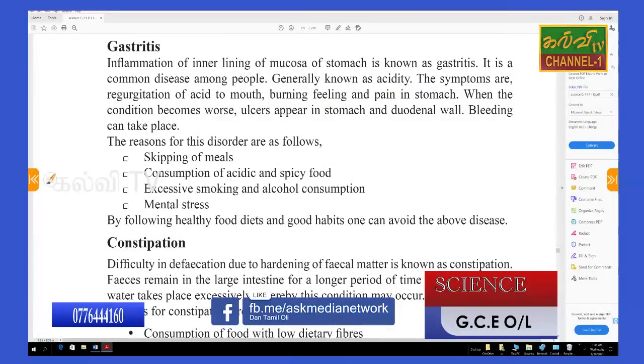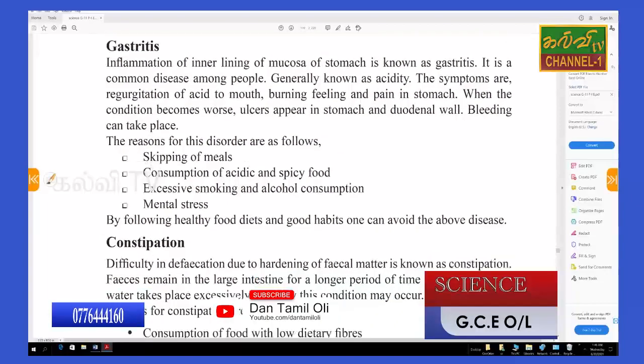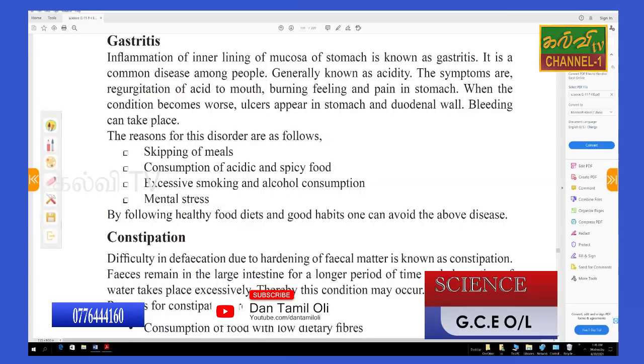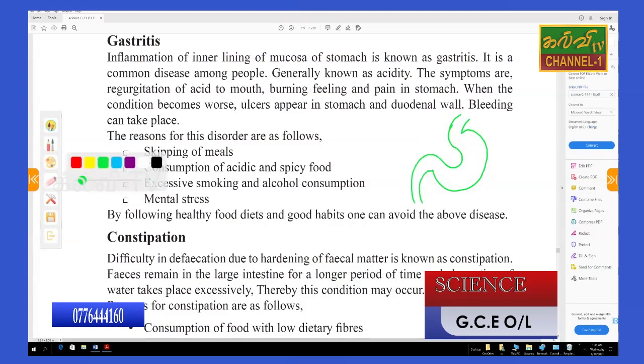Gastritis is inflammation of the inner lining of the mucosa. That means the gastric, the stomach, and the mucous layer, right? That mucous layer is here.